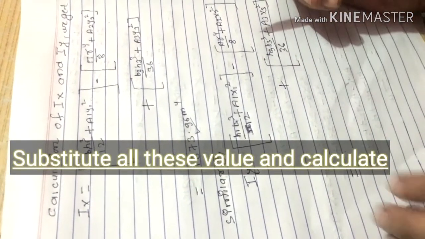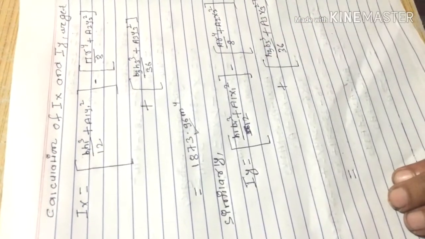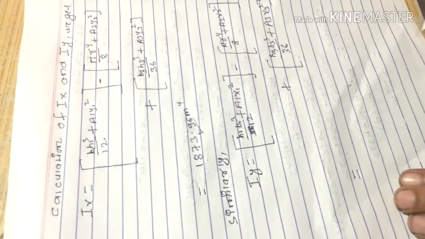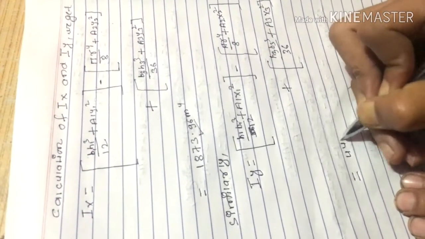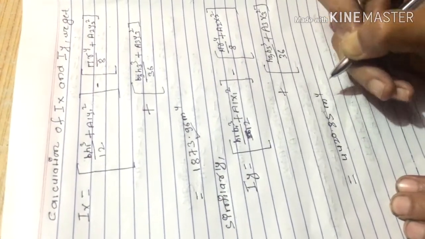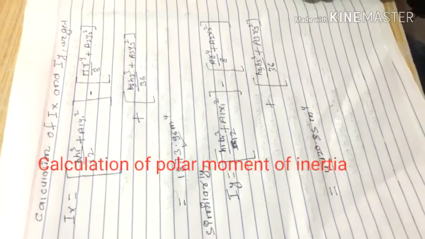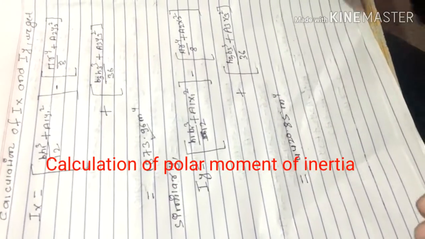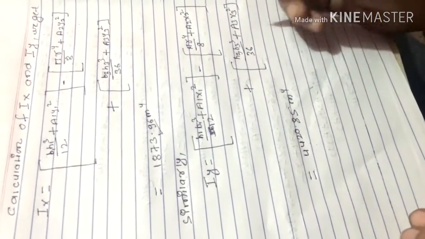On substituting all these values, we get Iy is equal to 4420.85 meter 4. Now our final calculation is the calculation of polar moment of inertia.